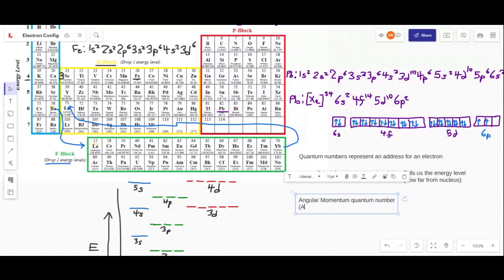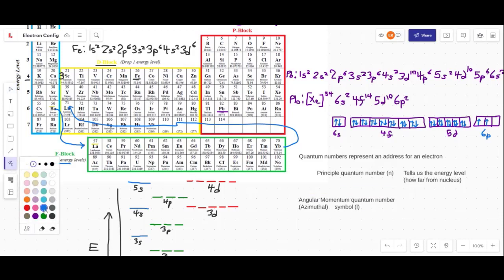I'm actually going to put that azimuthal. The symbol is L, or a cursive L, kind of more like this. That's the angular momentum quantum number symbol.